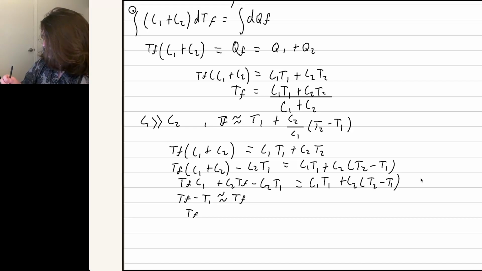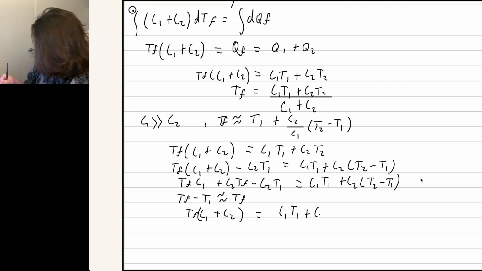The left-hand side will turn into TF times C1 plus C2. And then on the right-hand side, still C1 T1 plus C2 times T2 minus T1.